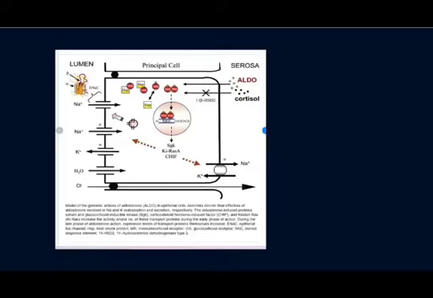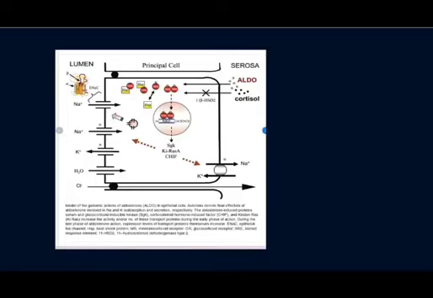Aldosterone is a mineralocorticoid, so it is a steroid hormone. The aldosterone, which is secreted by the adrenal cortex and transported in the blood, reaches a principal cell and binds to the mineralocorticoid receptor, where it increases the activity of the serum and glucocorticoid inducible kinase, SGK1, and the corticosteroid induced factor.